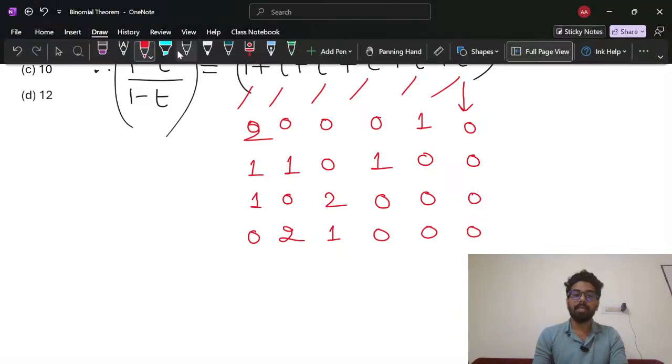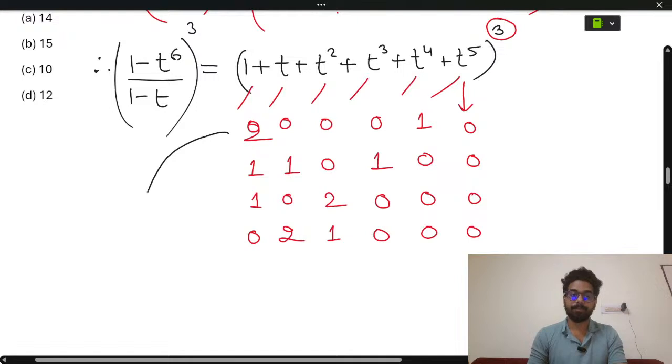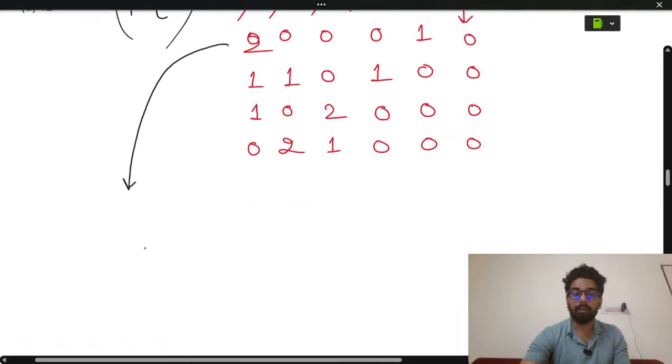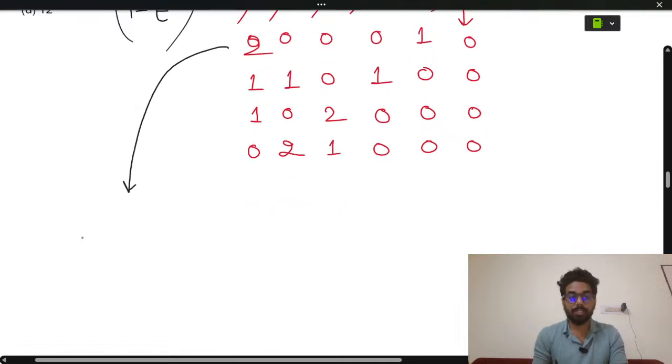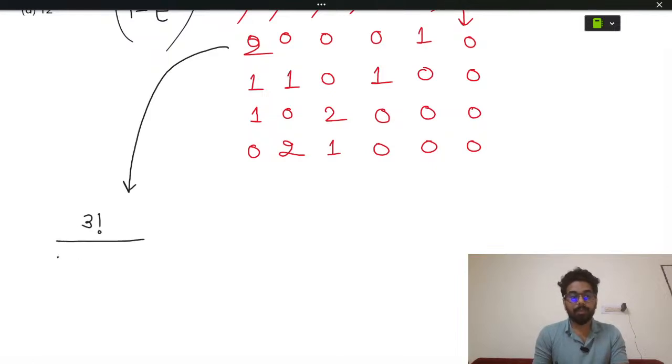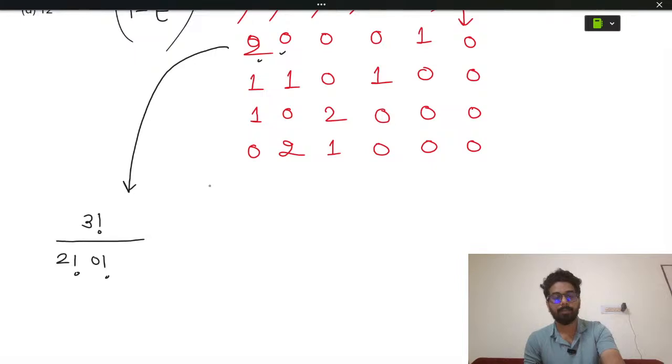Now I will write one of the parts and you will get the answer from your side. What will be the first case? It's 3 factorial divided by 2 factorial, 0 factorial, 0 factorial, 0 factorial, 1 factorial. We know 0 factorial is 1 and 1 factorial is 1, so I am not writing anything more.